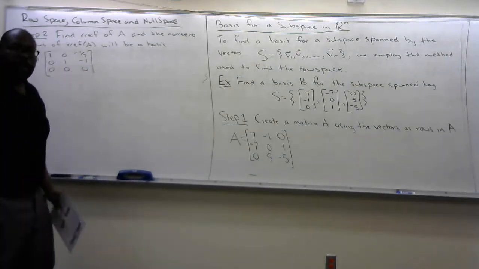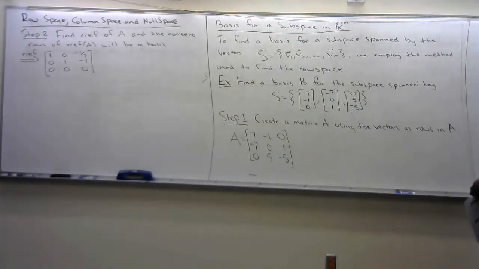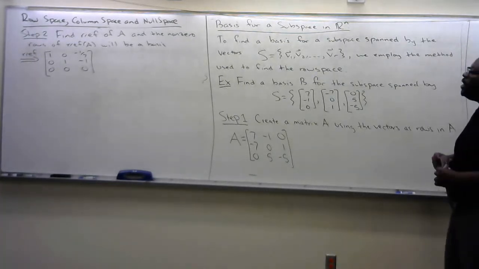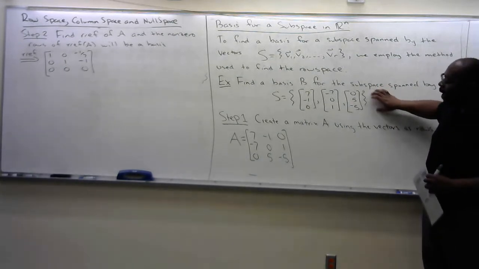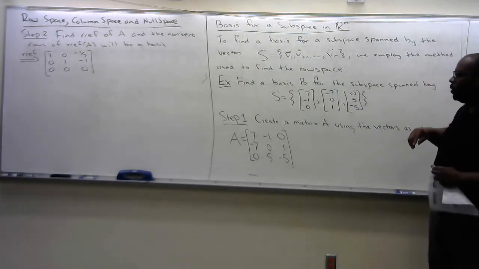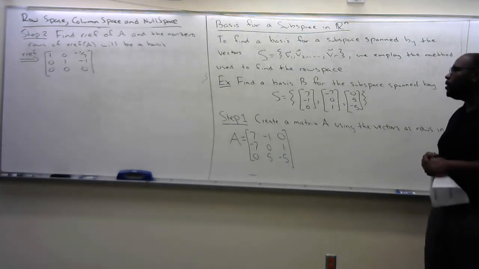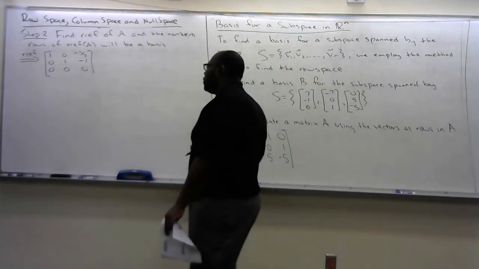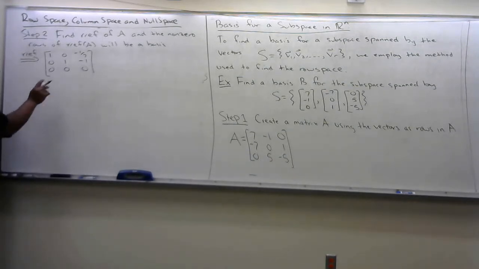Okay. Now, this is really nice because now, guess what? Those non-zero rows are going to be a basis for the subspace spanned by these 3 vectors. So I can say, okay, these 2 guys here.